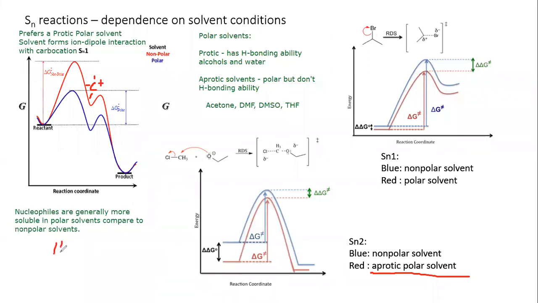Acetone looks like this. That's acetone. DMSO is very similar to acetone, except there's a sulfur instead of a carbon. That's DMSO. DMF, similar kind of. This is DMF.